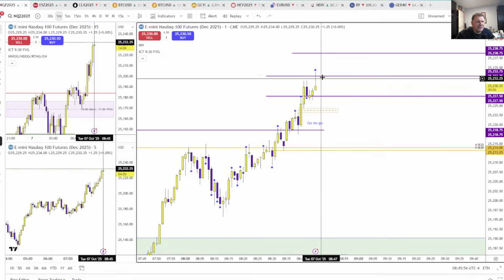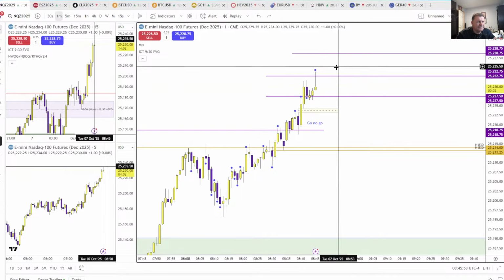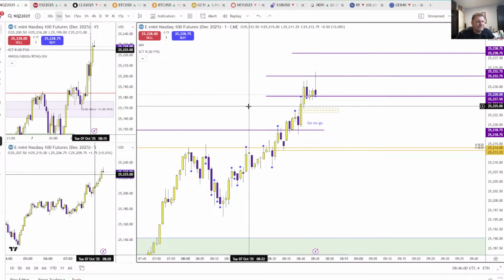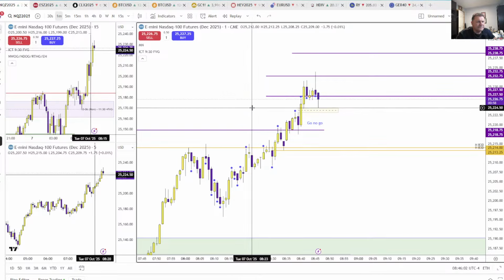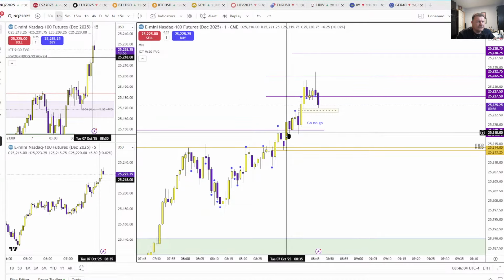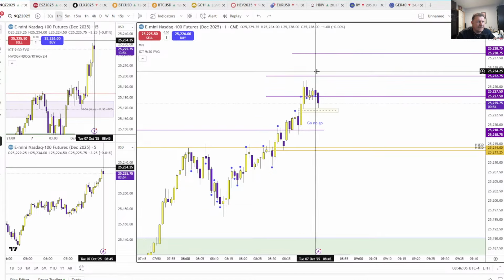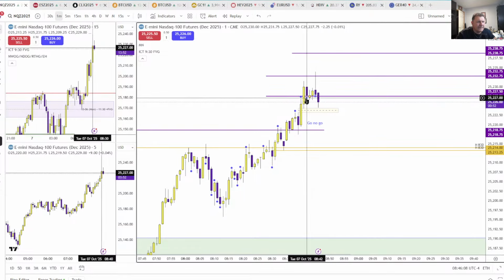So there's our mean threshold for the last up close candle. Little tiny BISI right here.